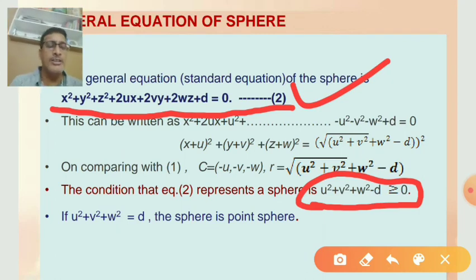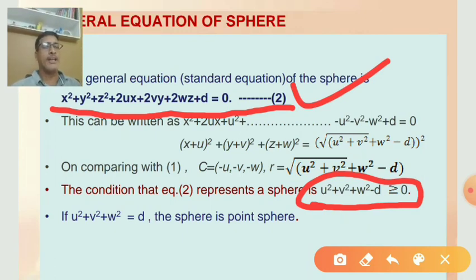Otherwise, this equation does not represent a sphere, because here you can see R is equal to root of u square plus v square plus w square minus d, and whenever u square plus v square plus w square minus d is negative, then R is meaningless, because we cannot find the root value of a negative quantity. So this condition is a must. Whenever u square plus v square plus w square is equal to d, then obviously R is equal to 0, and the sphere is nothing but a point sphere.